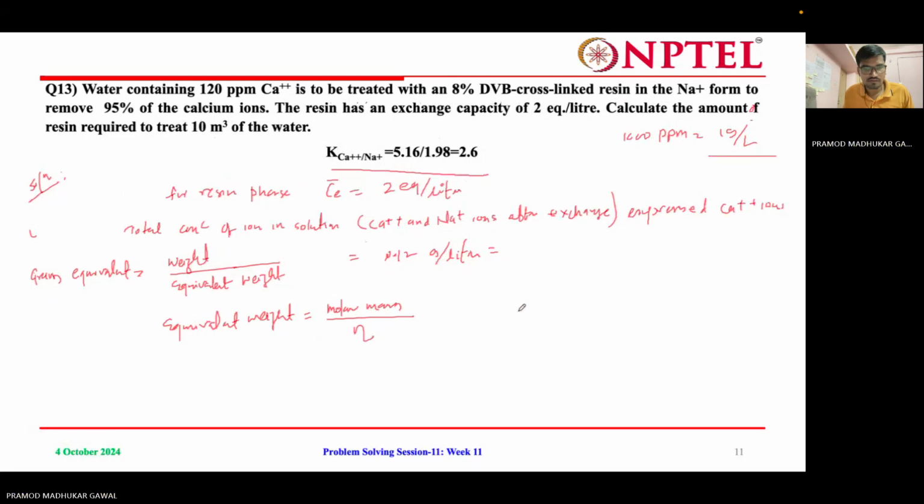So here 0.12, here n is 2, divided by 40. That is 0.006 equivalent per liter. It is C, right?